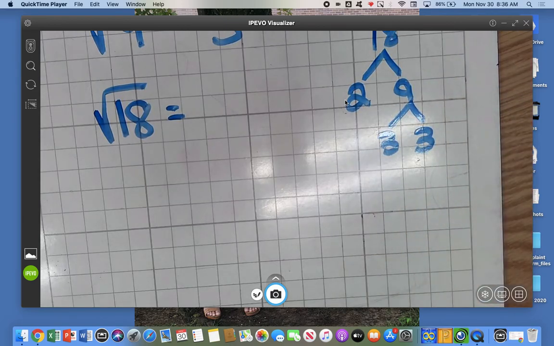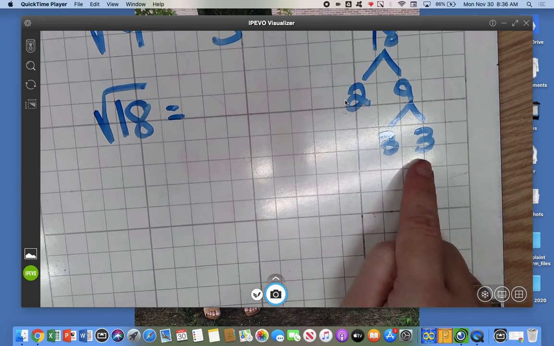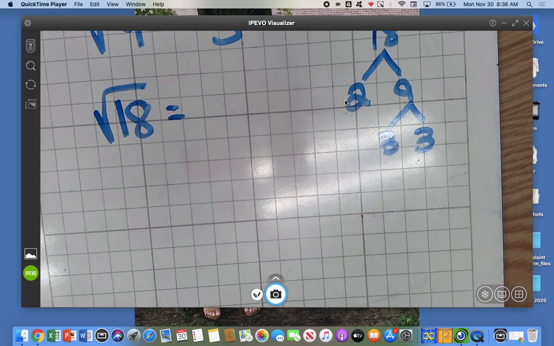Those are called prime numbers, numbers that can't be split up anymore besides one and itself. So this actually does help us simplify square roots.